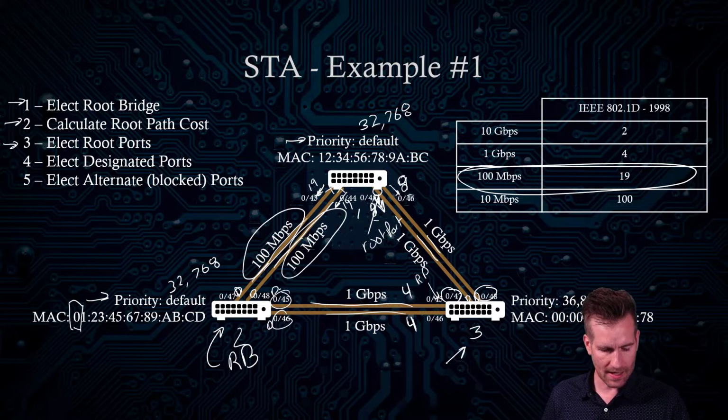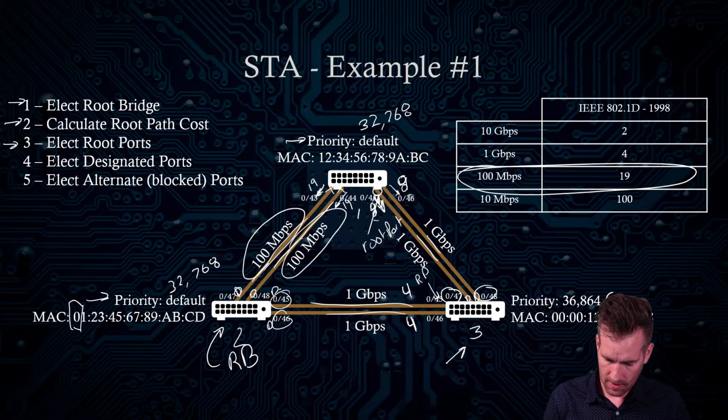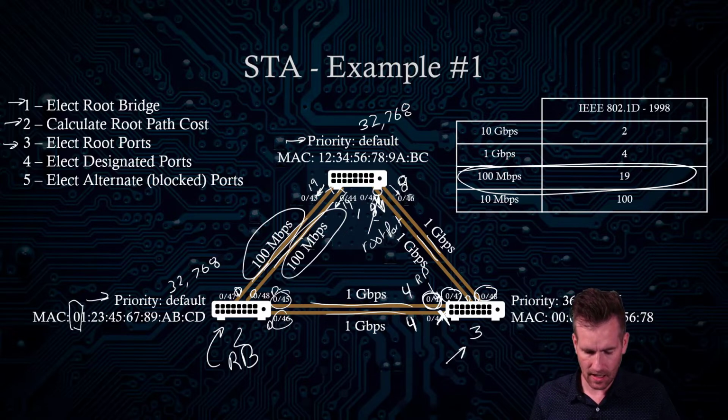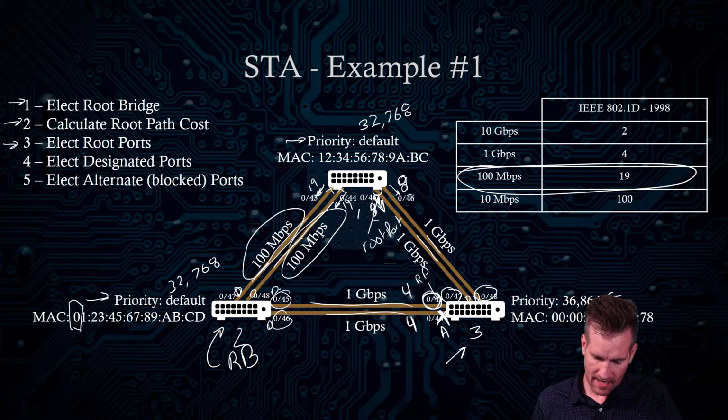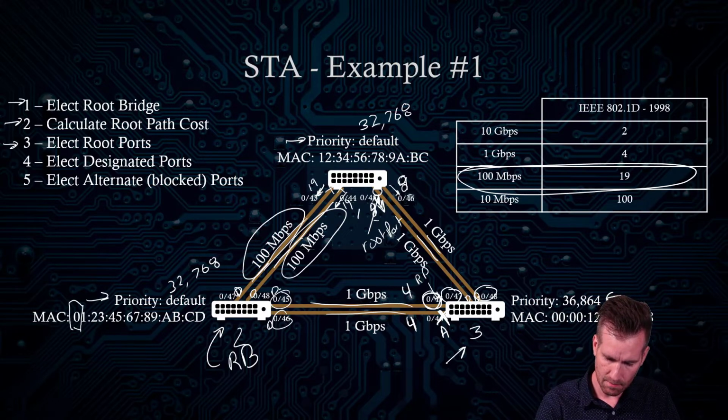Now we need to elect the alternate ports, the ones that we're going to block. So 045 is the root port for switch 3. So now we're going to block 046 because that is an alternate. So let's mark that as an alternate, put an A right there. And then these other two ports on switch 3 are designated ports already.